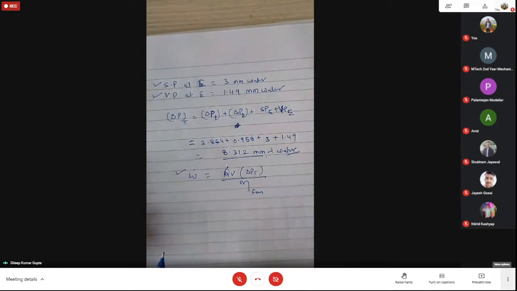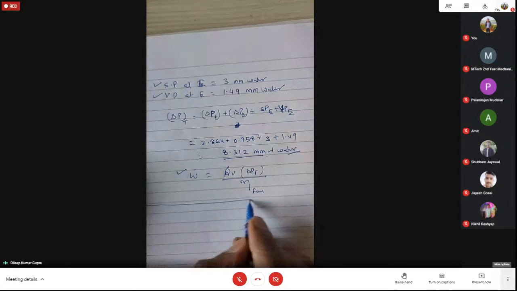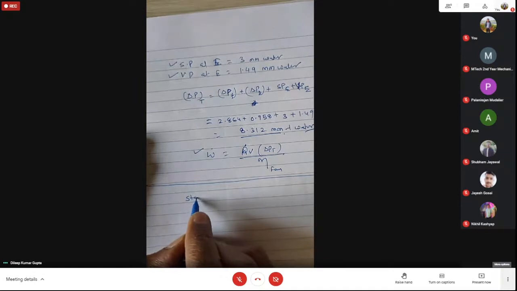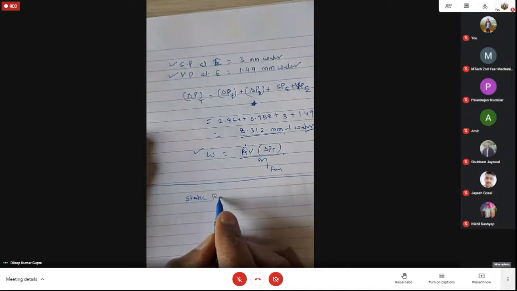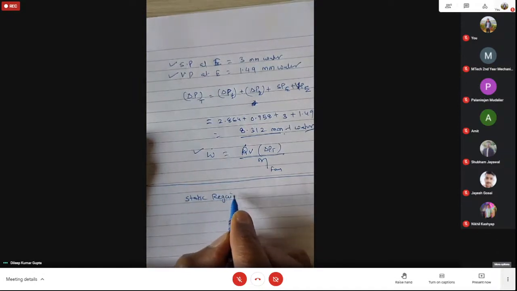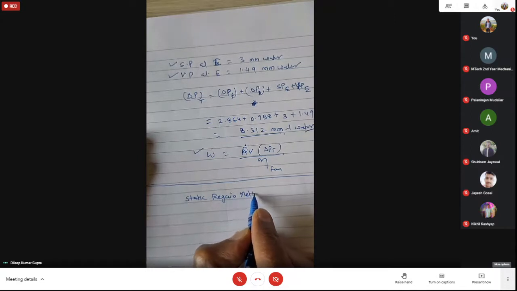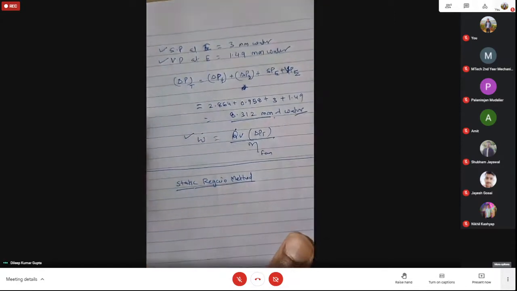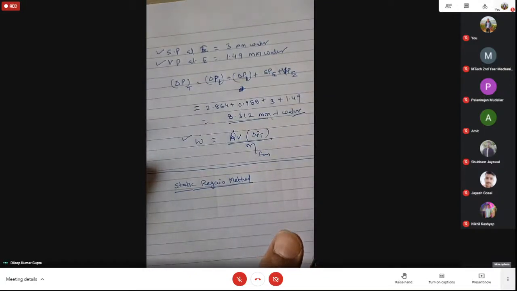If you are using, we have used the equal friction method. The same thing you will use for the static regain method. How will you solve the same thing by using the static regain method?